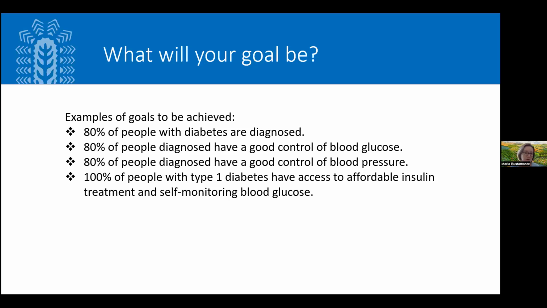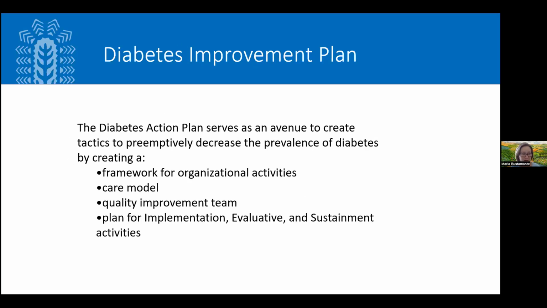So it may be getting people diagnosed, right? It may be getting those blood glucose under control. So look at that, see what works for your organization, what works for you, and implement that.